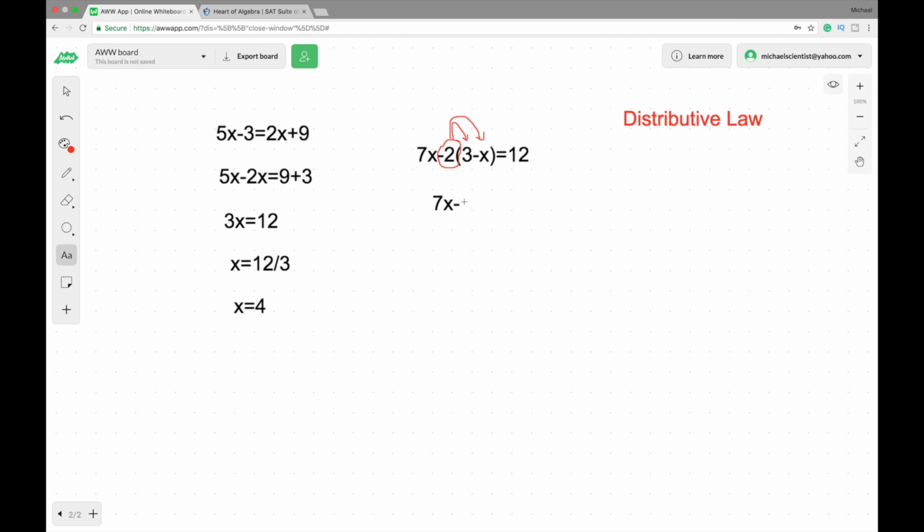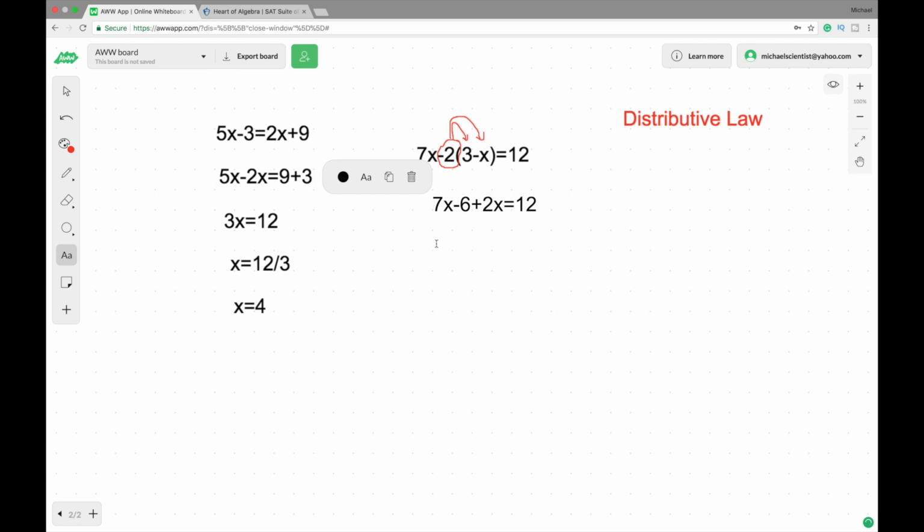If we were to expand this, negative 2 by 3 gives me negative 6. And then negative 2 by negative x, well, negative by negative is positive, so we get positive 2x, okay? And that is equal to 12.